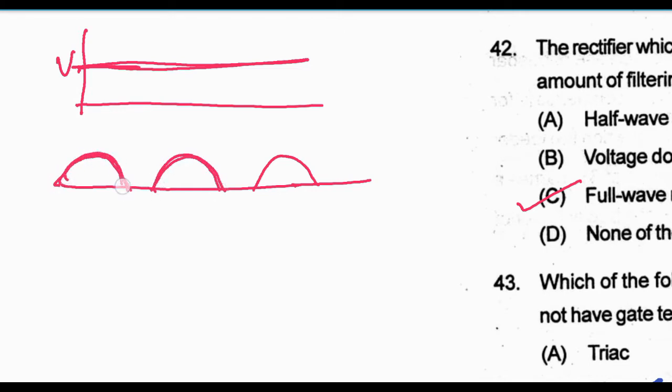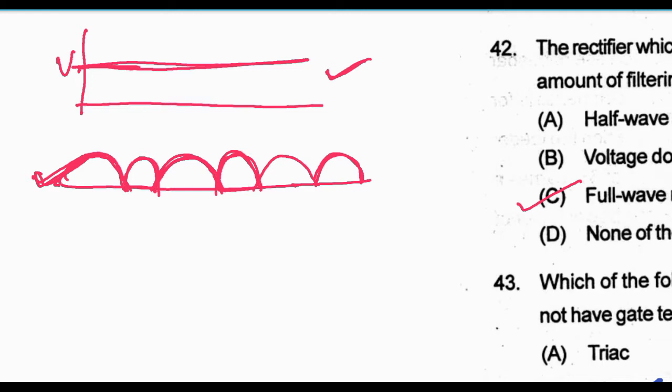Here this is a sine half cycle and then 0, again a sine half cycle, again 0. But in case of a full wave rectifier, this wave is more convenient to turn into this kind of structure by filtering.